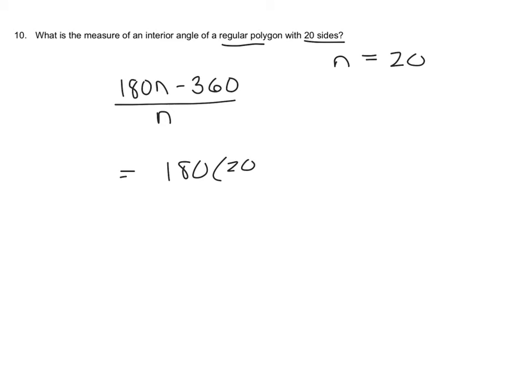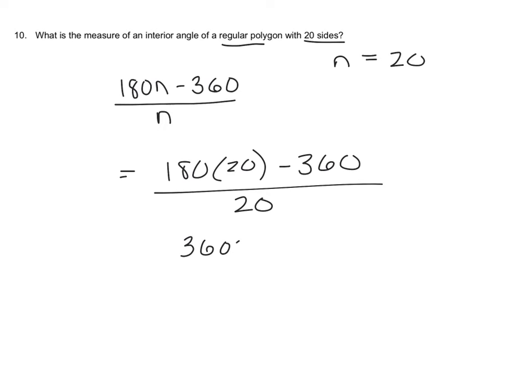All we're going to do is substitute 20 in for n and solve. I have 180 times 20 minus 360 divided by 20. 180 times 20 is 3,600. Then we'll subtract 360. And 3,600 minus 360 is 3,240.